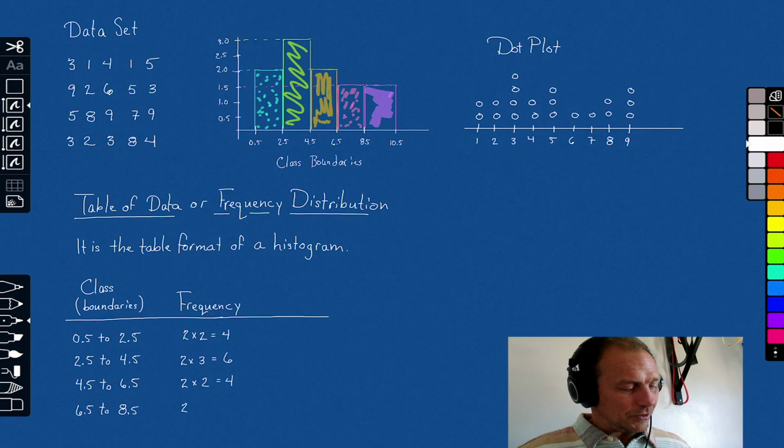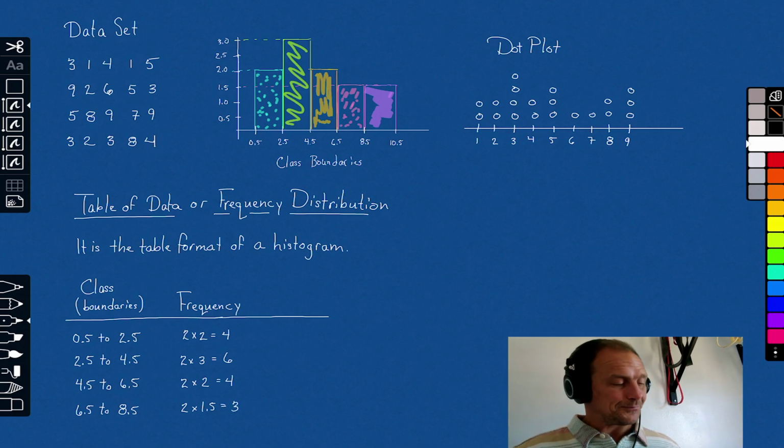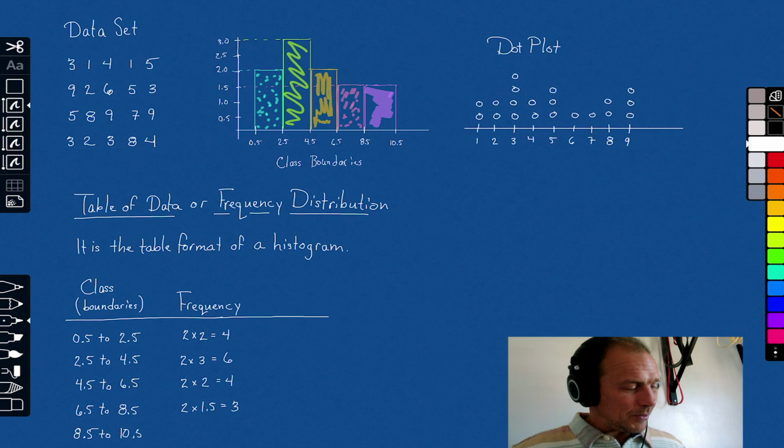It has a width of 2, a height of 1.5. 2 times 1.5, that's a frequency of 3. Our next class goes from 8.5 to 10.5. It has a width of 2, also a height of 1.5. We know that's 3. Put a line under it, and there we go.